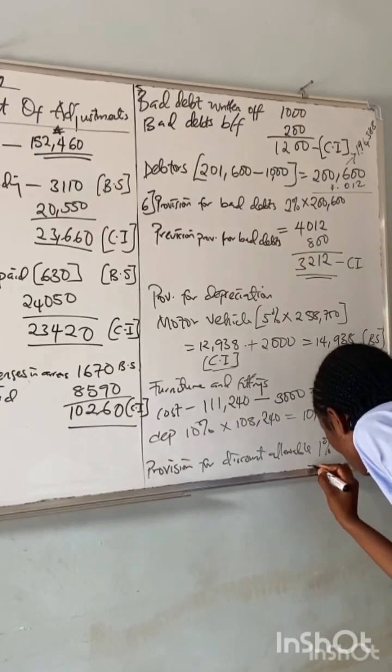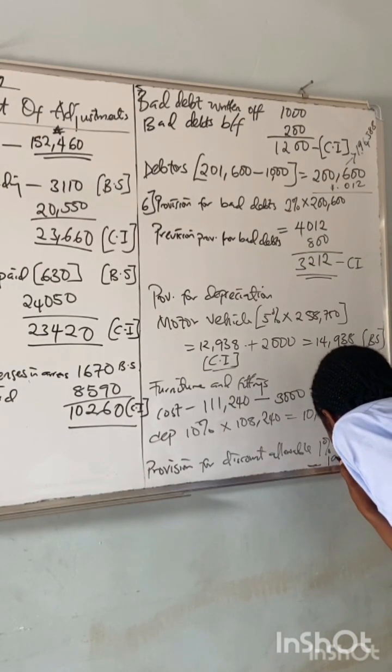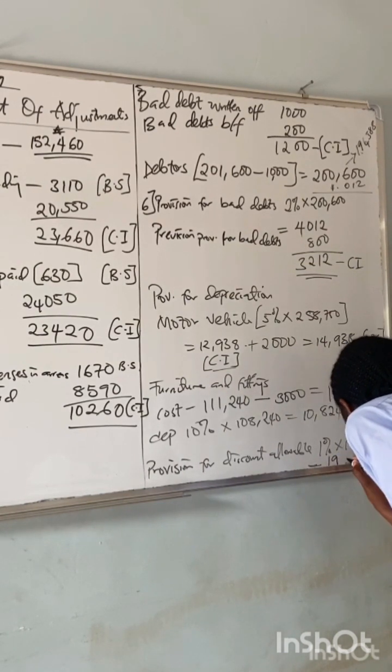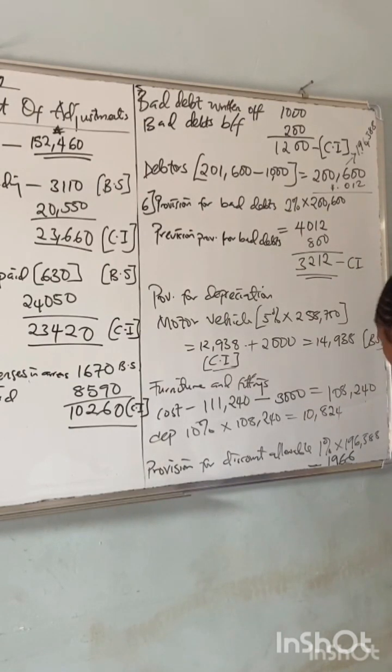So that will be giving us approximately 1,966, to the nearest whole number. This is going to be our provision for discount allowable, right? So that when we get to the balance sheet, we'll be using this amount. Then for our new debtors value, we'll still be lessing the provision for discount allowable, all right.